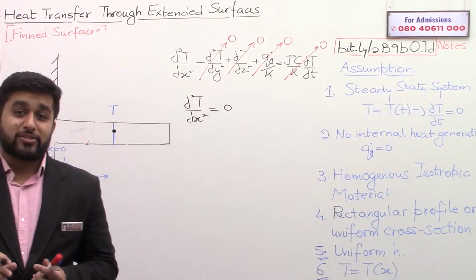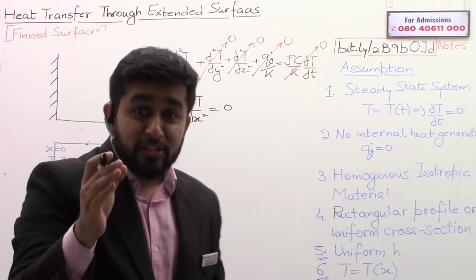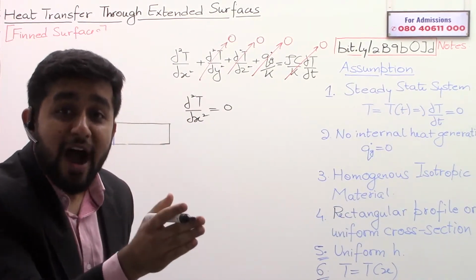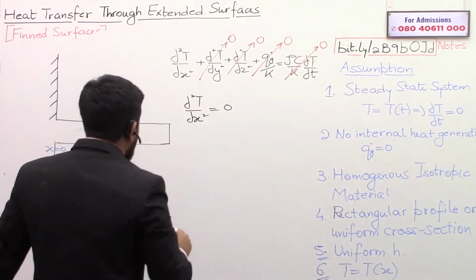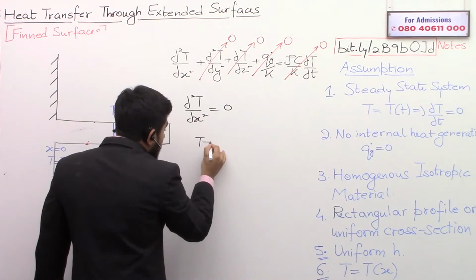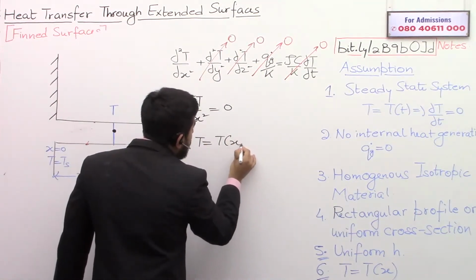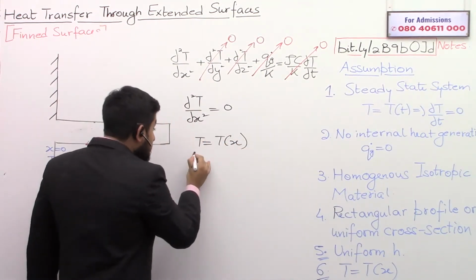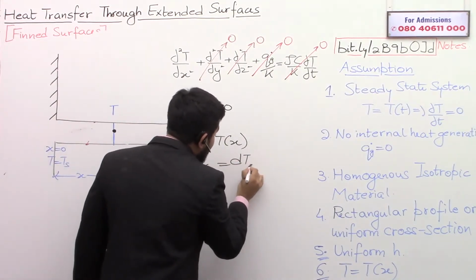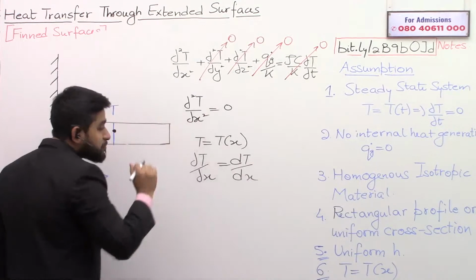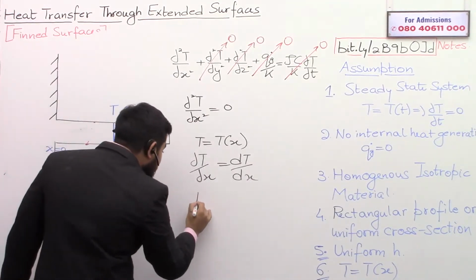So based on this, since temperature is not a function of y, z, time, it's only a function of x. So I hope you remember, when any quantity is only a function of x, then partial derivative and total derivative are the same. So you can write this partial derivative as a total derivative also.